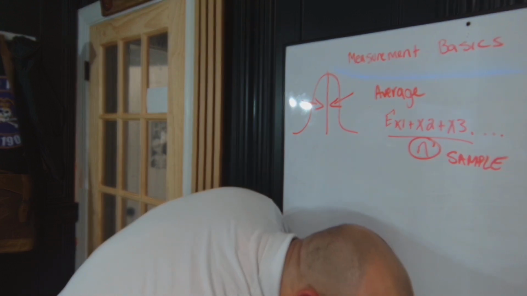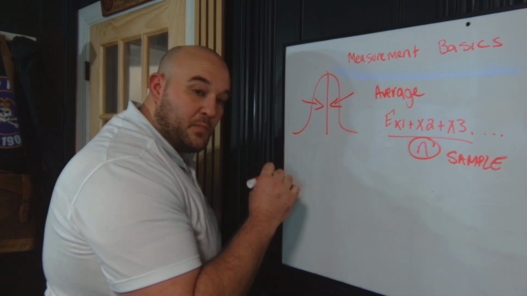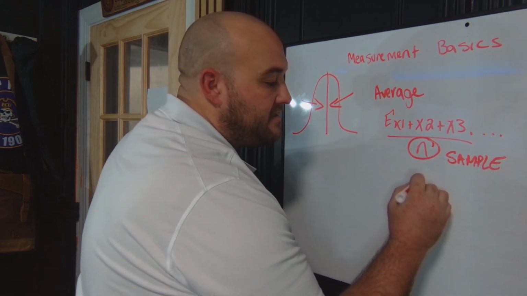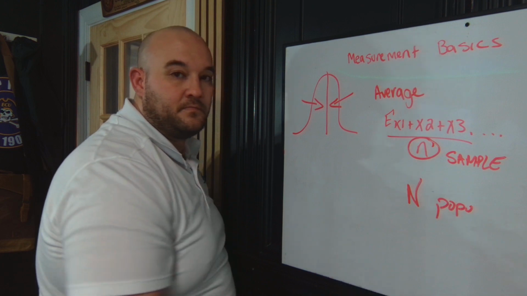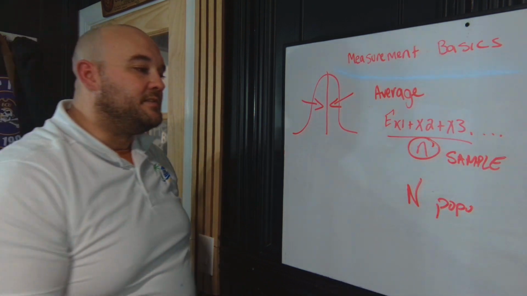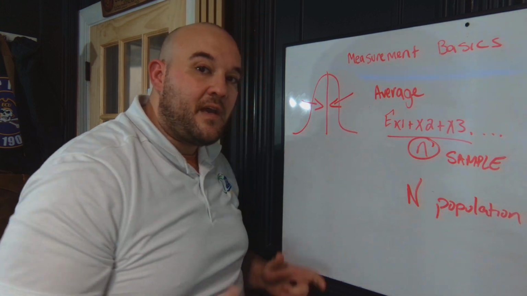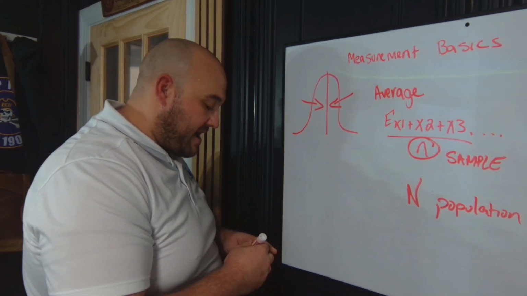When we discuss sample size, we're only looking at a small parameter. If it was capital N, that would represent the population. So the population is that bigger perspective of everything, all your data sets.